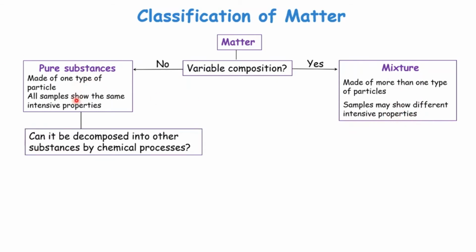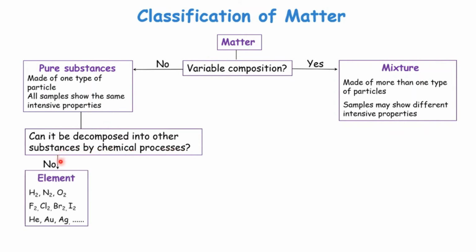Now go back to pure substance. If we ask, can the pure substances be decomposed into other substances by chemical process? If the answer is no, which means the pure substance cannot be decomposed into other substances, then those pure substances, they are just elements.